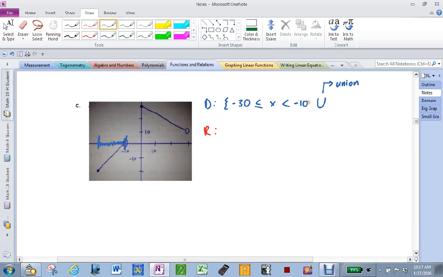So now we got to start the second one, which starts here at what value? 0. Is 0 included? Yeah, sure, you betcha. X. And it goes up to what? 30. Is 30 included?